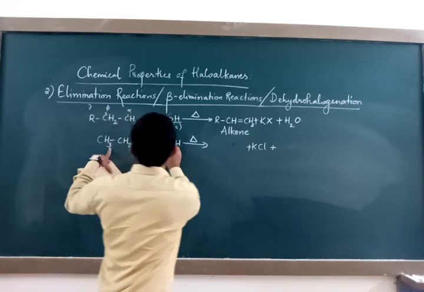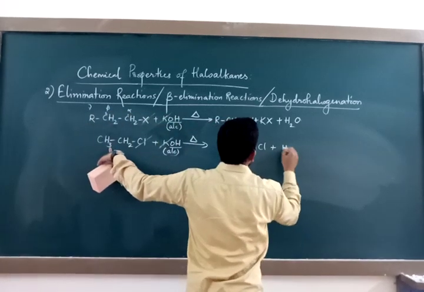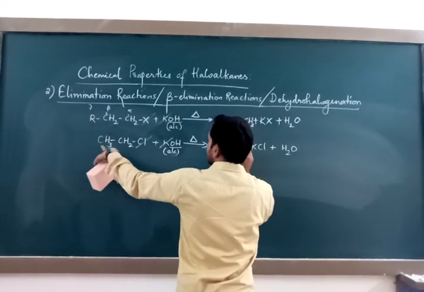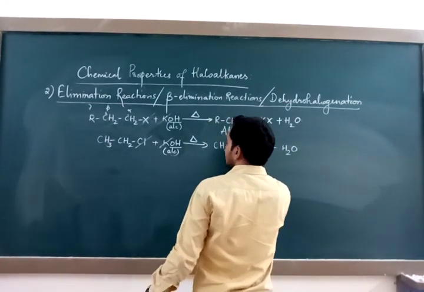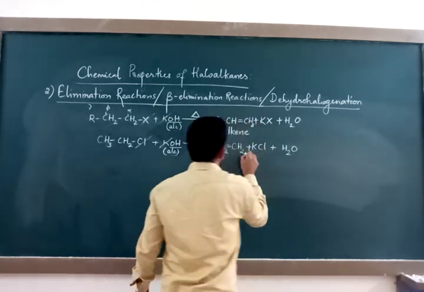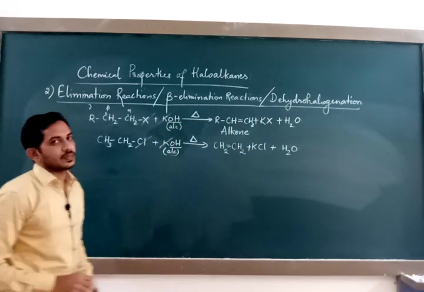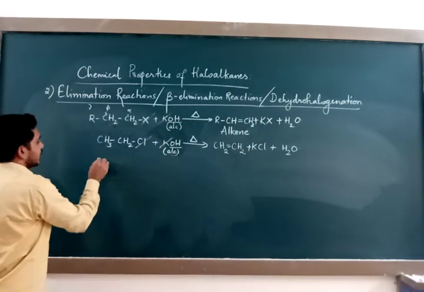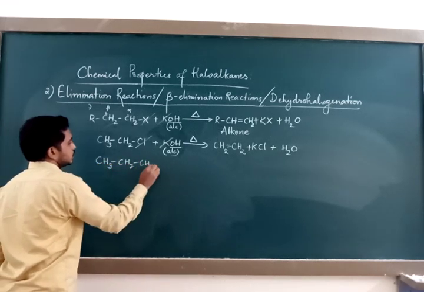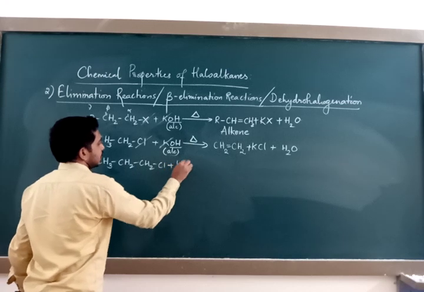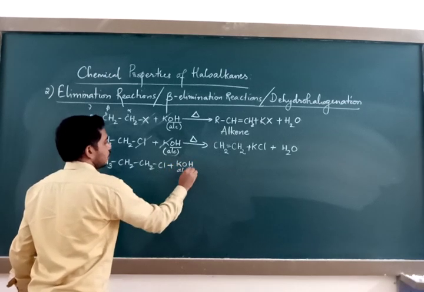That one hydrogen and this OH will give you H2O. What else is remaining here? CH2, since one hydrogen is lost, so 2 hydrogen, double bond, 2 hydrogen. You will get ethene.